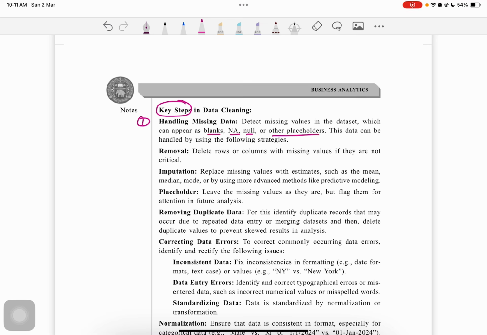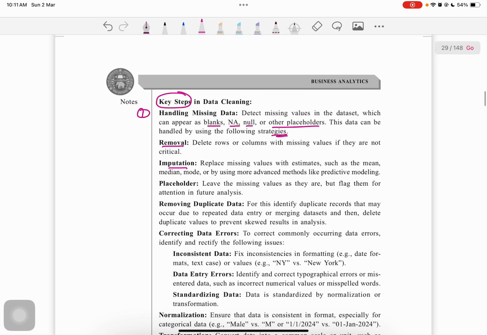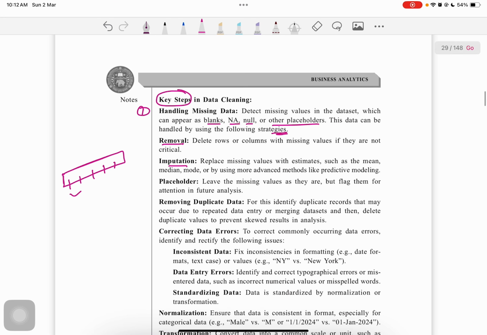This can be handled by using the following strategies. First, we can either remove the missing values, or use imputation. For example, if we have collected data from a row of people, there are 5 people in the row, 4 have given an answer but the fifth one hasn't given any answer, and we have to analyze the data of these 5 students.